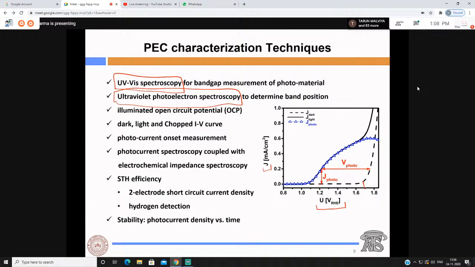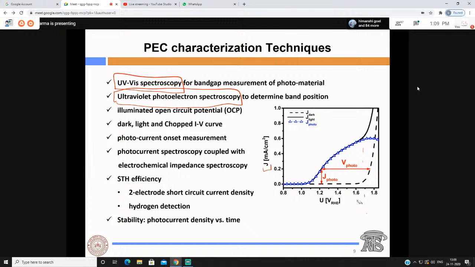There's also a way to calculate it: we draw a slope here and a slope here. These two zones are the non-Faradaic zone and the Faradaic zone. Where the slopes cut together, that is the onset potential. So oxygen evolution happens at 1.7 volt in the dark condition.